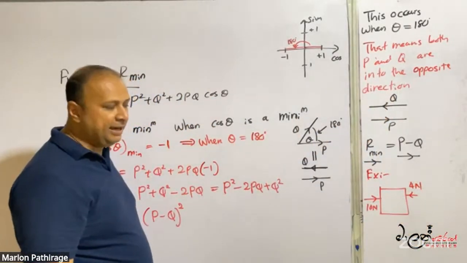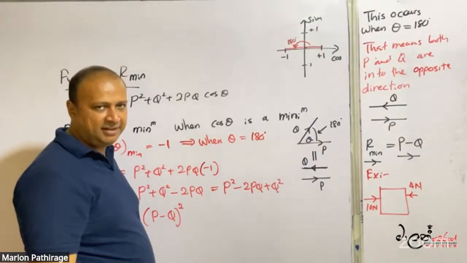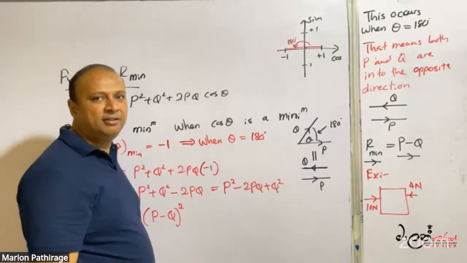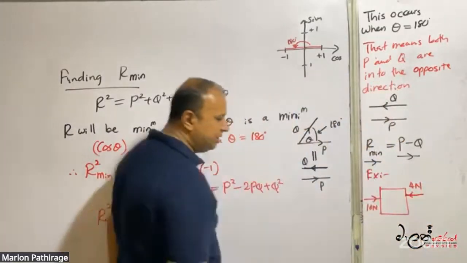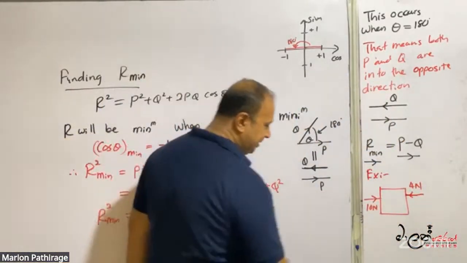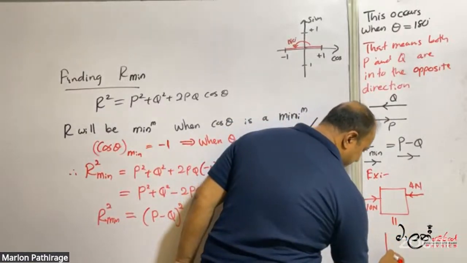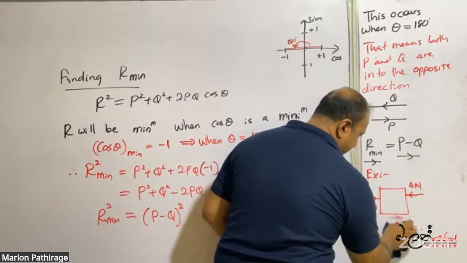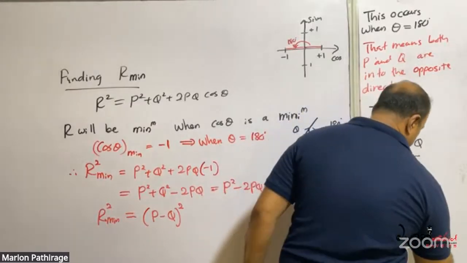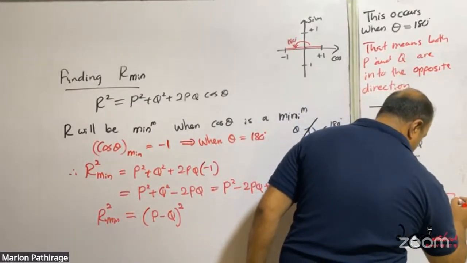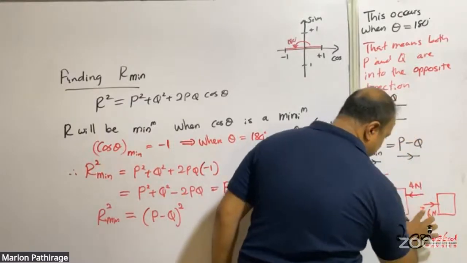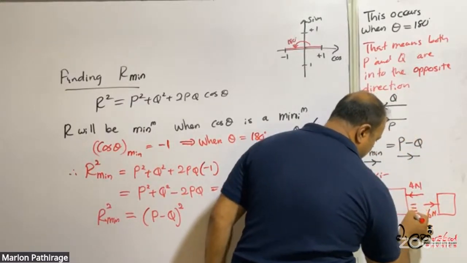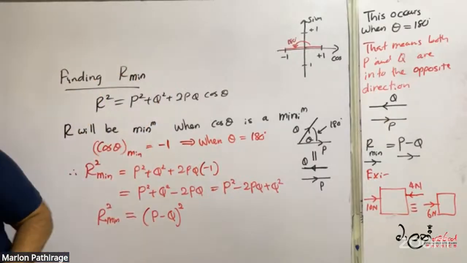Then the resultant force is equal to 10 minus 4, so this is equal to 6 Newton force into the right hand side.